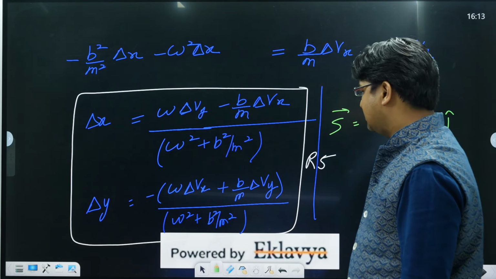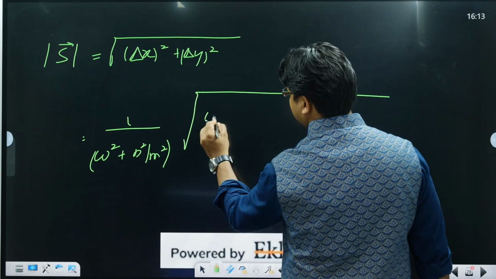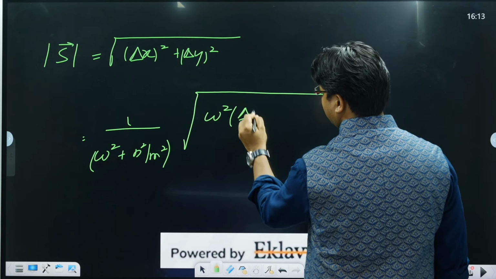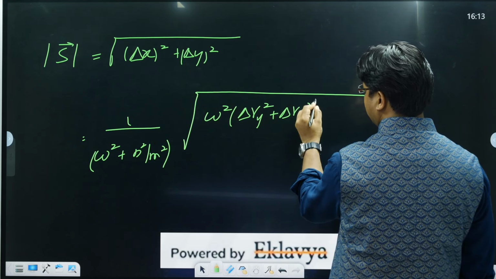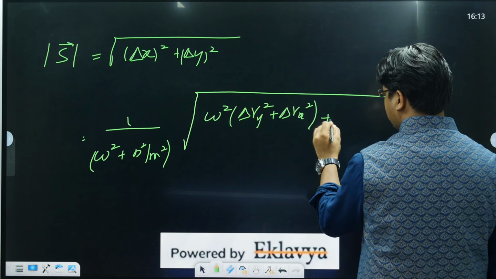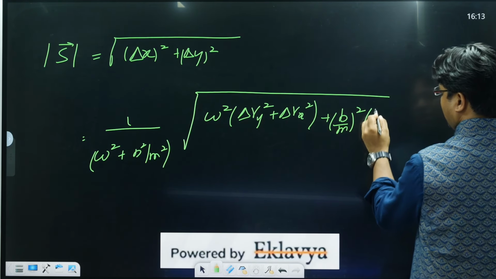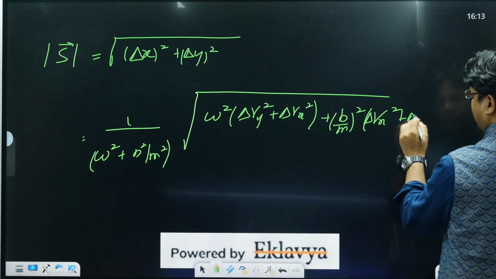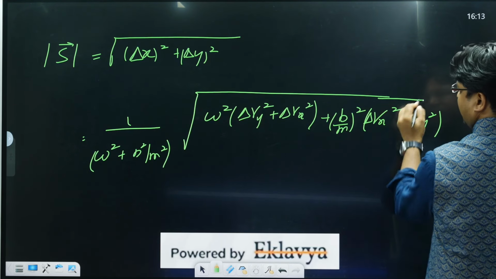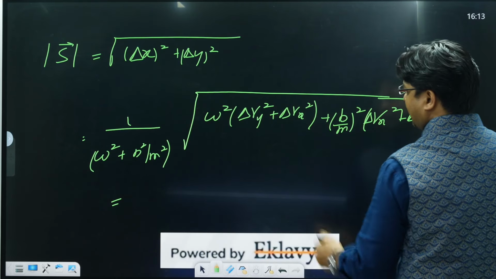Omega square delta Vy square. So what we will be getting here is omega square into delta Vy square plus delta Vx square, and plus B by M square into delta Vx square plus delta Vy square. This is what we will get. You can try it out. So from this, what does it become?